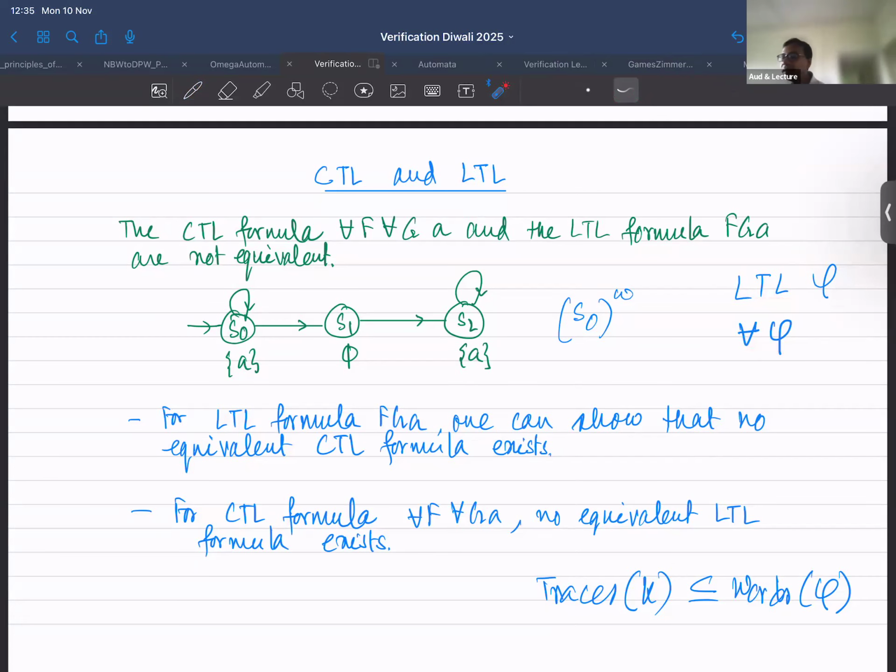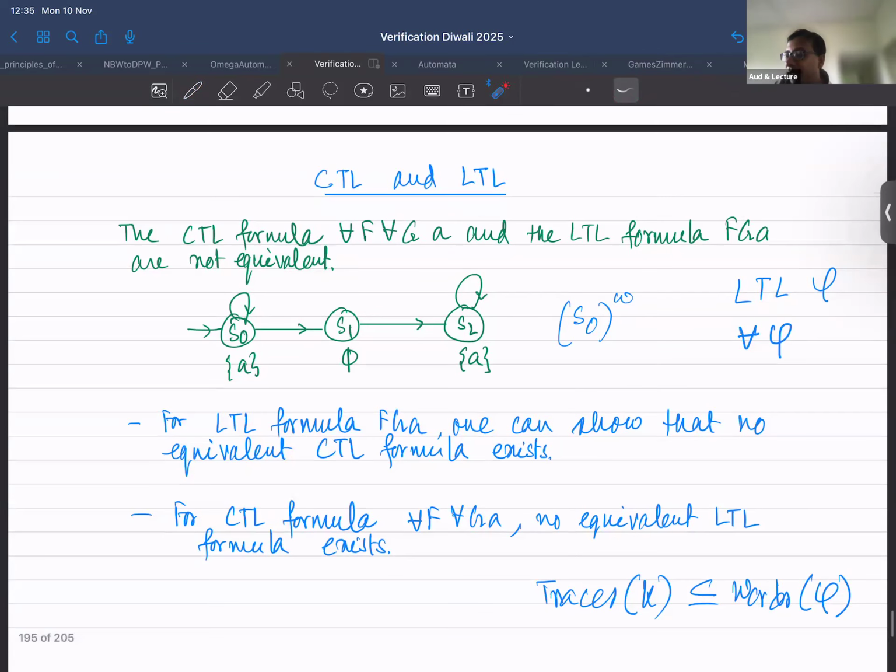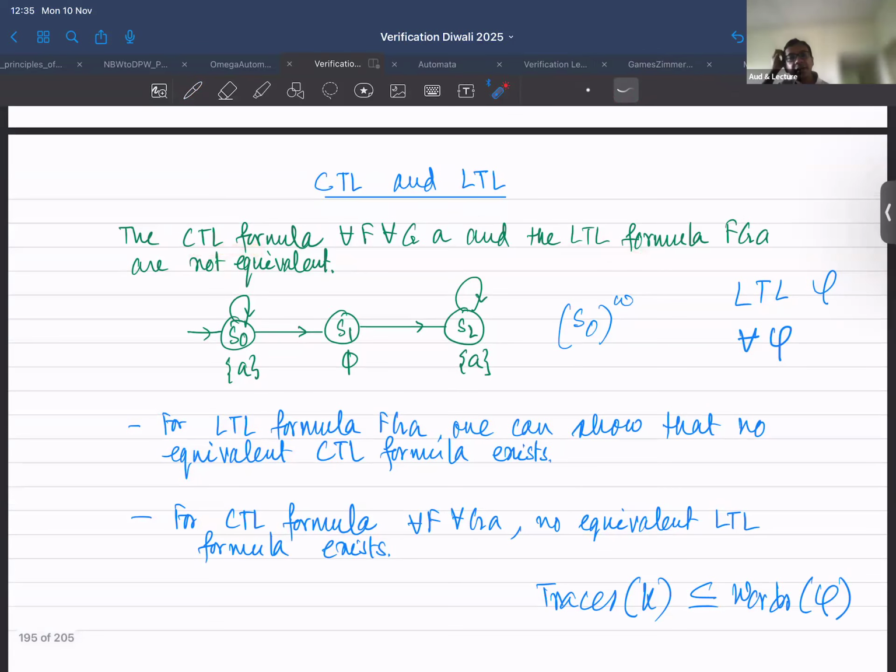The difference between CTL and LTL is that CTL has an inherent branching kind of property.